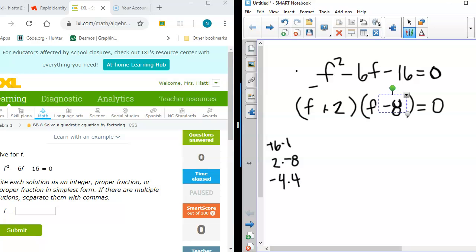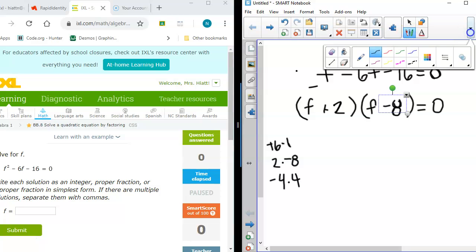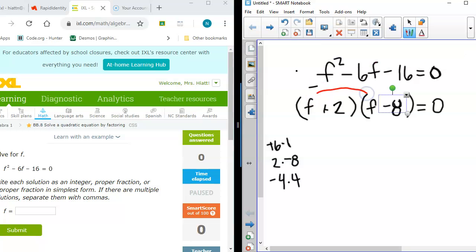So if I check it, I'm going to use a different color over here so we can check. To check what I've got here, if I do f times f, I get f squared. F times negative 8 is minus 8f. Then I'm going to do 2 times f, which is going to give me plus 2f.